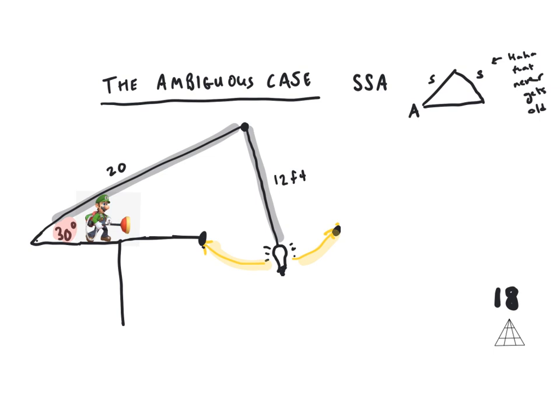And from here, I can quickly imagine what would happen if I were to allow the light bulb, the chandelier, to swing to the left. So I can quickly picture this triangle right in here. And you'll note that that triangle has what appears to be an obtuse angle opposite the ceiling there of 20 feet.